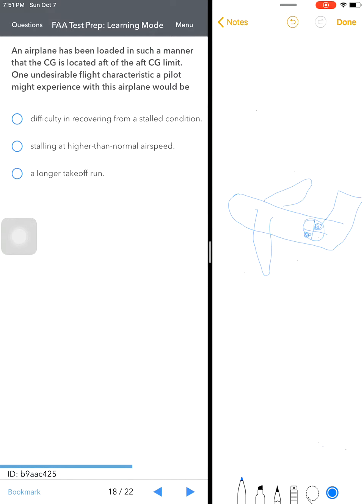It's almost the critical angle of attack. And with a little bit more, when you try to pitch up, boom, that's where you get a stall. So the answer is difficult in recovering from a stalled condition.